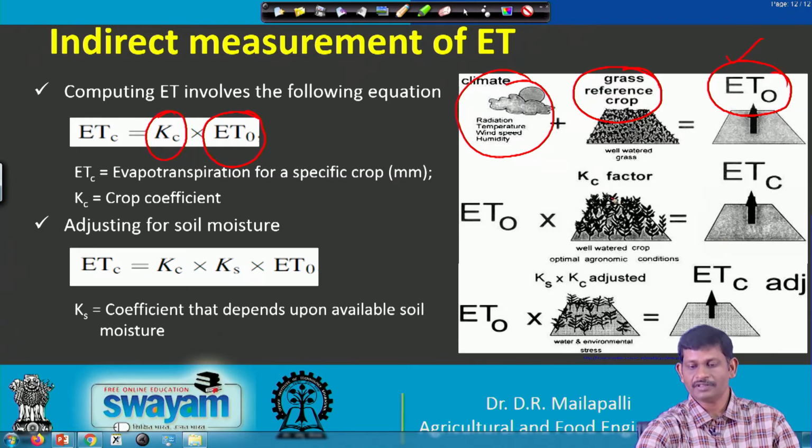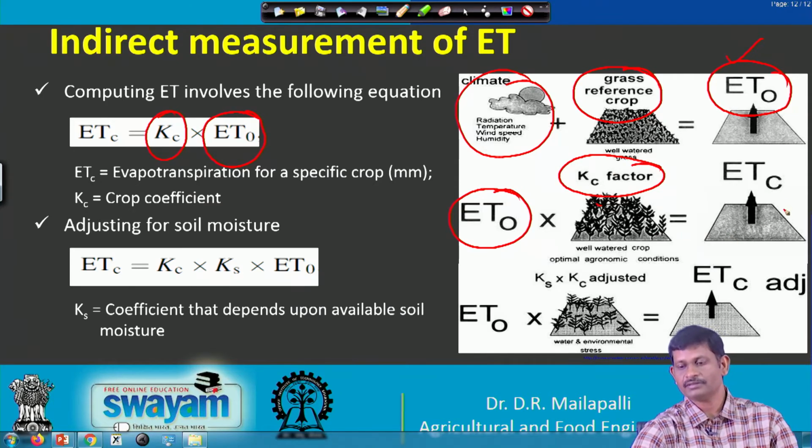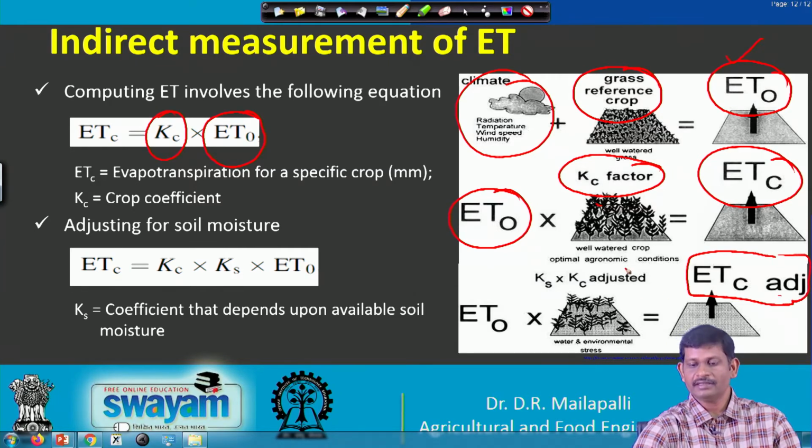Then in the actual crop case, you have ET0 multiplied by the Kc factor, the crop coefficient, and that will be ETc. Then there is ETc adjusted, because the stress could be not only crop water stress, but also soil water stress.